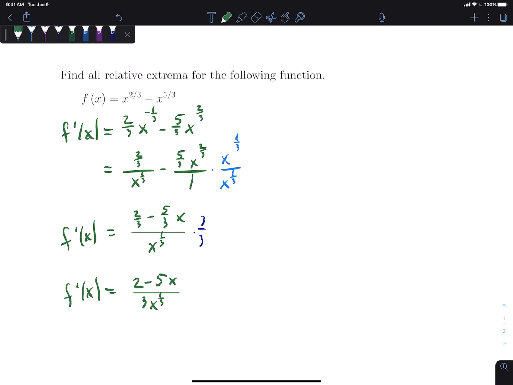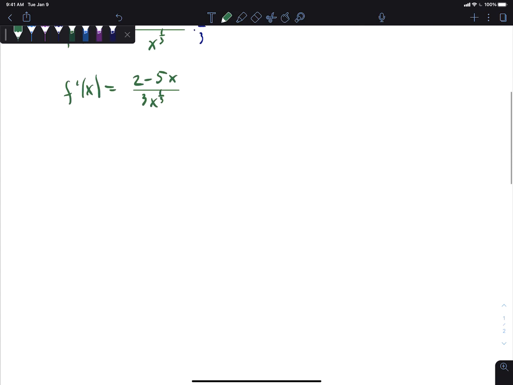Excellent. Now, that is the derivative. What we want to do now is find the critical numbers. The critical numbers occur when the numerator is equal to 0, in other words, the derivative itself is equal to 0, or the denominator is equal to 0. So the numerator here is 2 minus 5x. The denominator is 3x to the 1/3 power.